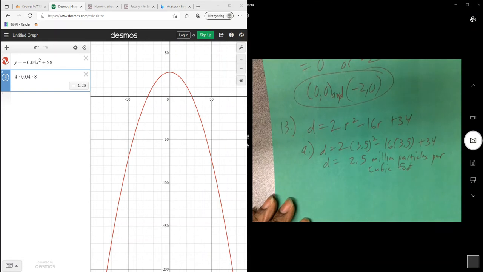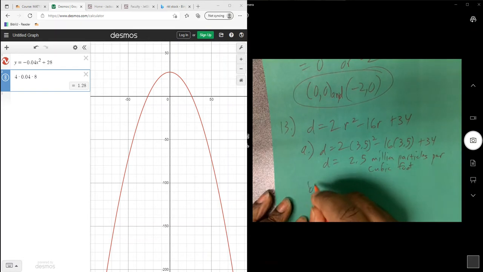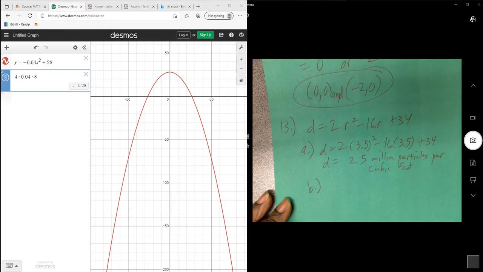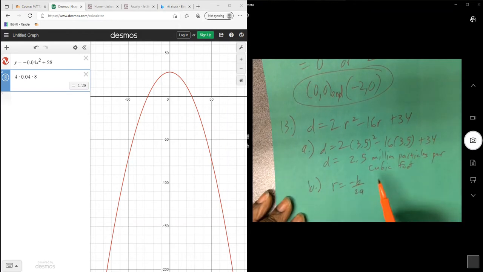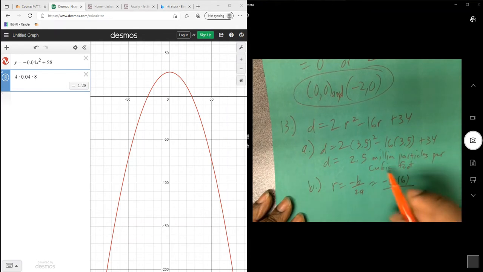Okay, now we go here to B. It says determine the number of revolutions per minute for minimum smoke. What is the minimum output? To find the minimum output, we need to find the vertex, because remember the vertex is either your minimum or maximum point. So we'll do r equals negative b over 2a. b is negative 16, so it'd be the opposite of negative 16, over 2 times a, which is 2.